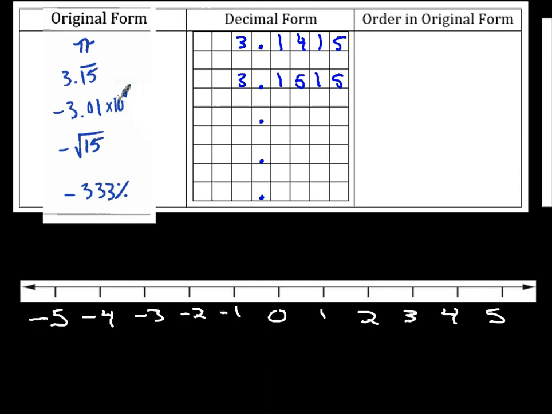For my scientific notation, again, I circle my exponent. I see, hey, that exponent is just a 0. And so what do we do? Well, 0 is essentially nothing, and so we don't have to do anything at all. We just write this value as is. So we would say negative 3.01.